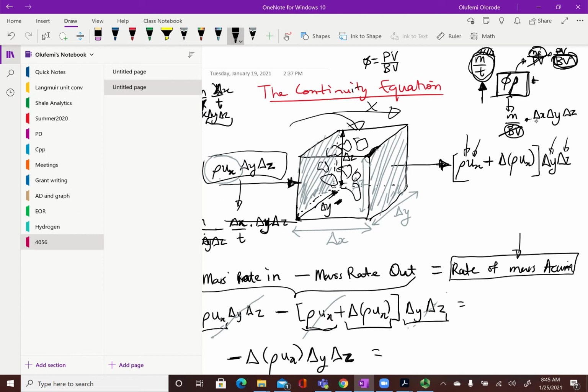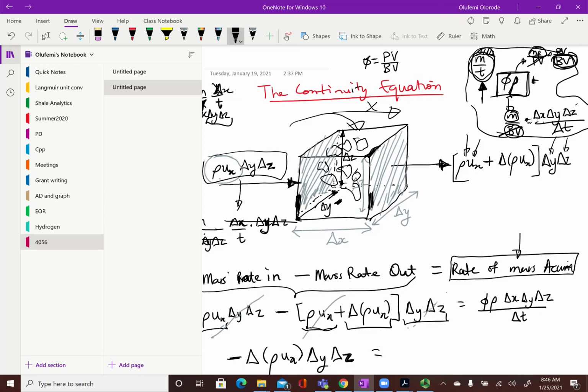So that cancels this, right? To get mass. But we need mass per time, so we need to divide it by the interval in time for the fluid to move from the left face to the right face, and that's delta T. And so all of this sketch here means rate of mass accumulation will be phi rho times delta X, delta Y, delta Z, divided by delta T.